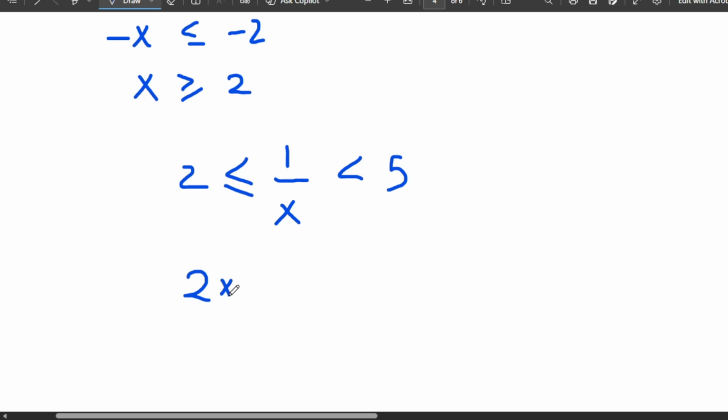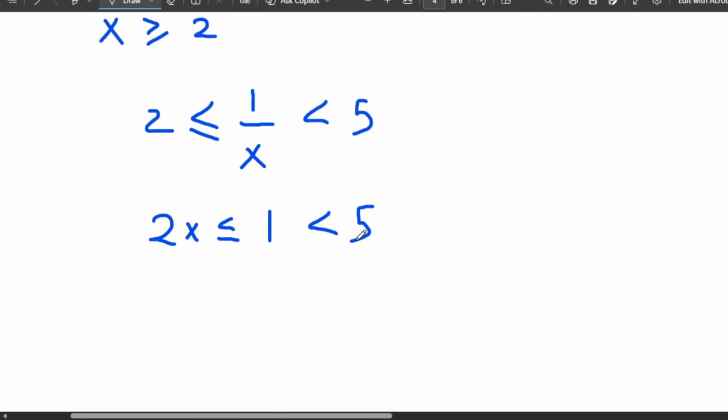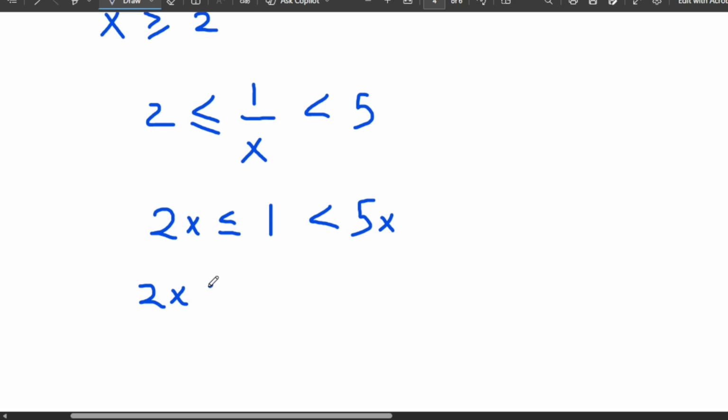So 2x is less than or equal to 1, less than 5x. That means we split the inequality. So 2x is less than or equal to 1, and 1 is less than 5x.